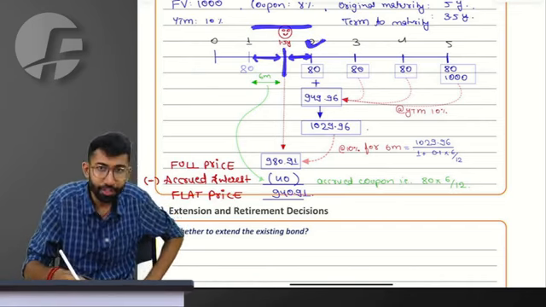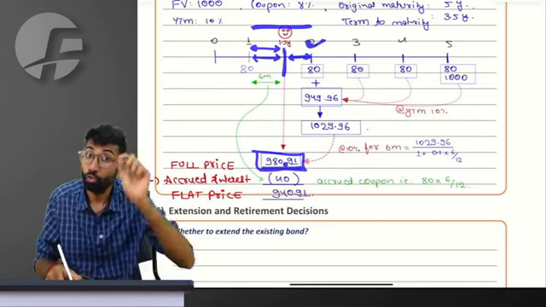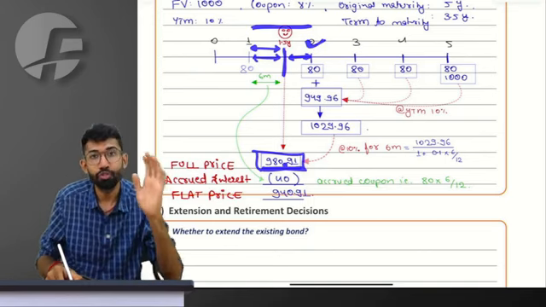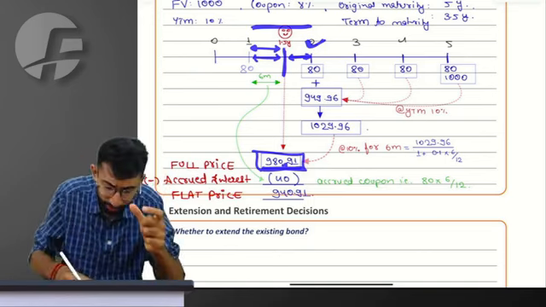Because the total price you pay is 980.91, that is fixed, based on the principle of present value of future cash flows. But let us try to figure out in this price how much is the amount of accrued coupon which has been accrued to him.